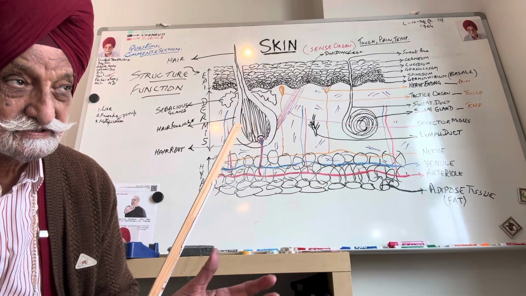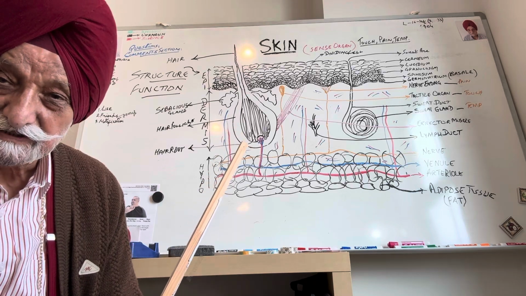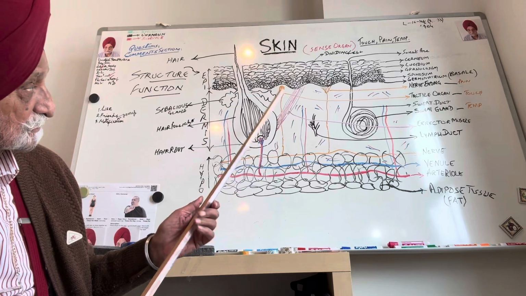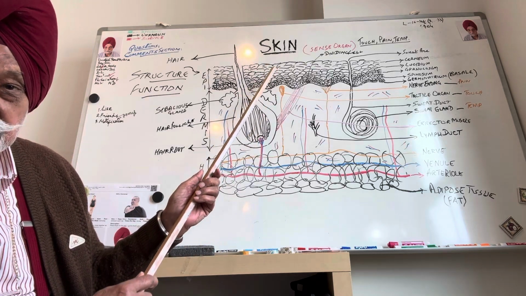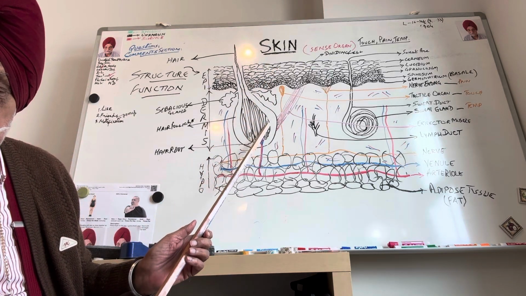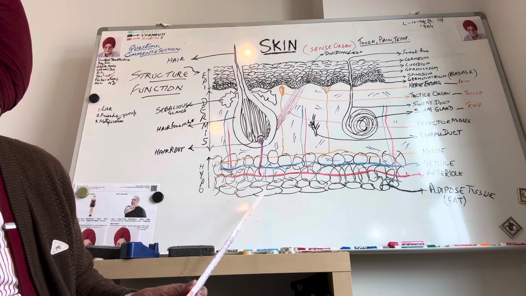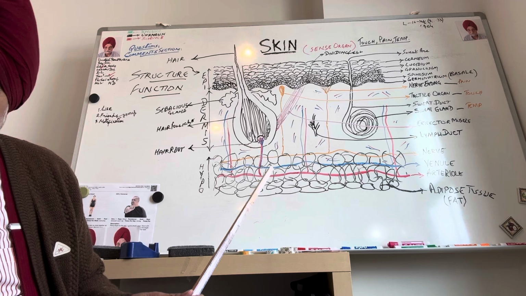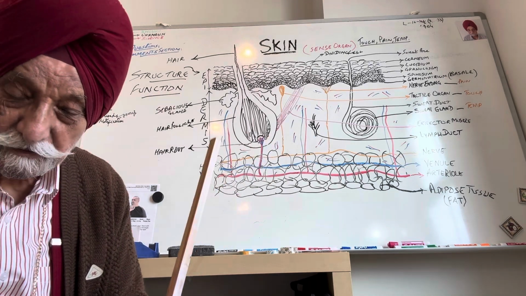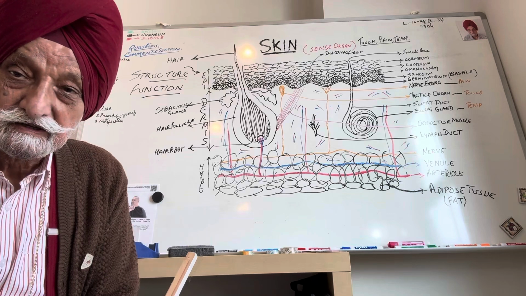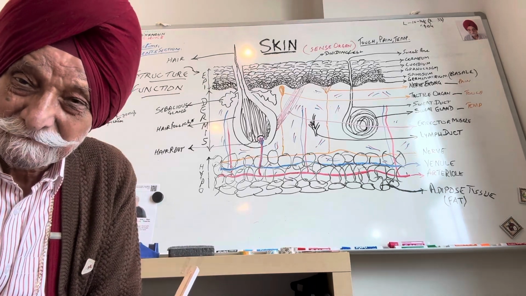The skin is divided into three parts. The upper one is called the epidermis, the middle one is called the dermis, and the lowermost is called the hypodermis. Each part is equally important.